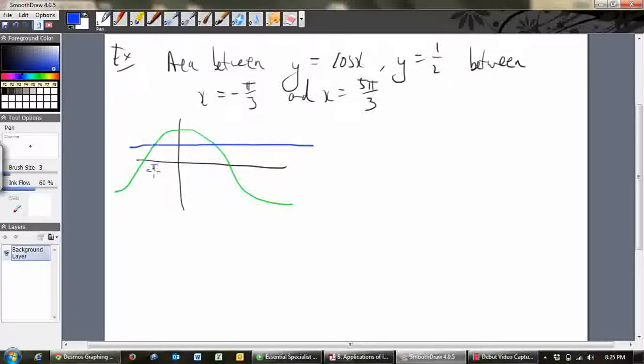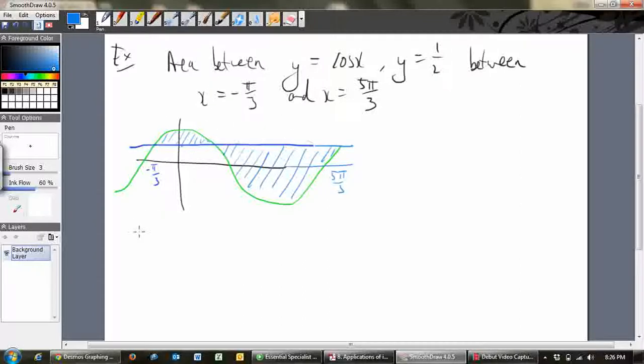And there's your negative pi on 3. That should keep going, shouldn't it? That comes up sort of across there. Sorry for the tacky diagram. Okay, and that point there is 5 pi on 3. So what we want to do is we want to know this area, the area between these two graphs over that interval. Okay, so that area there.